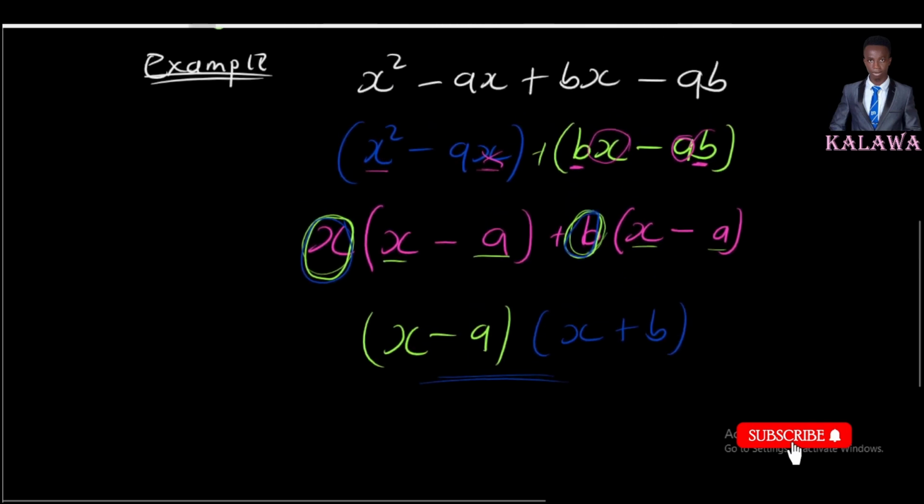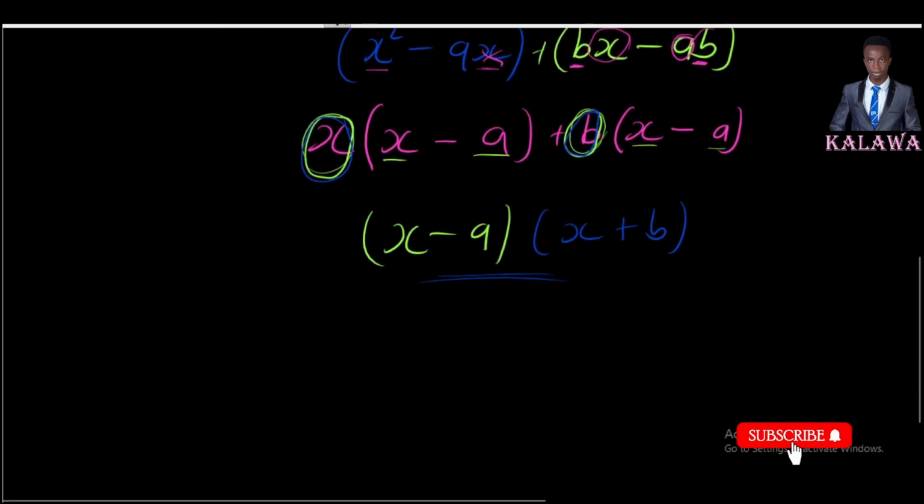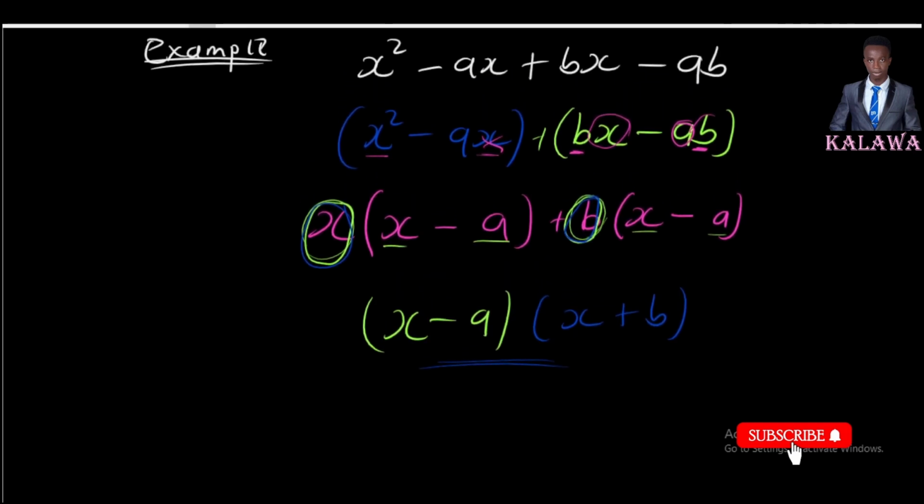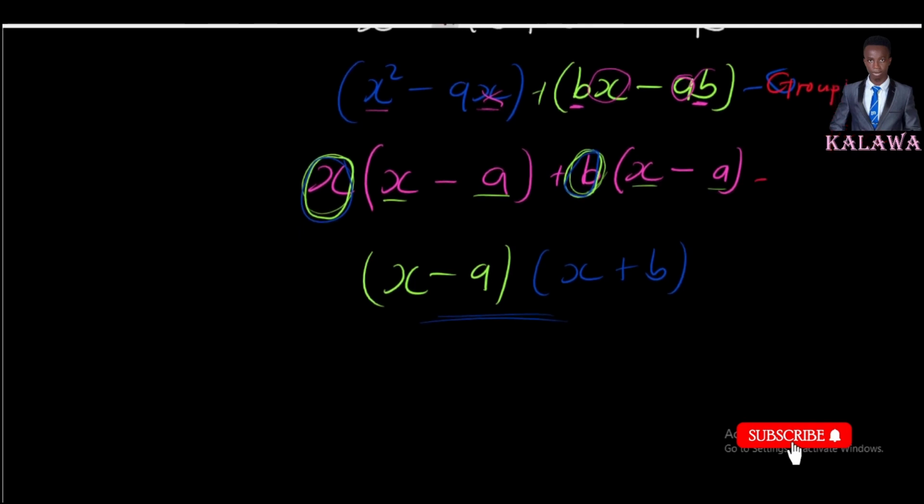The first step is we group them. Let me write it this way for you to understand. We group, that's the first step. After we group, we factorize each term. That is the second step.